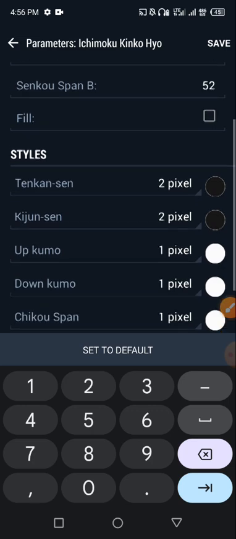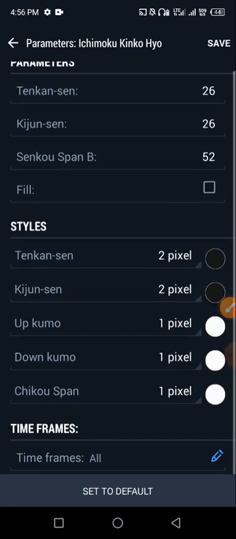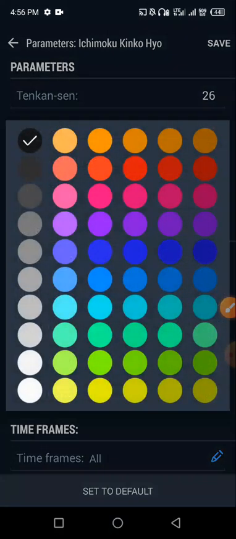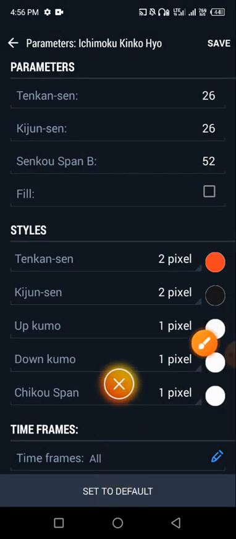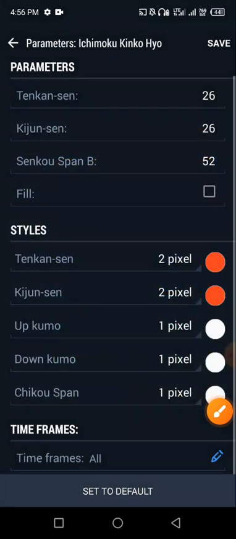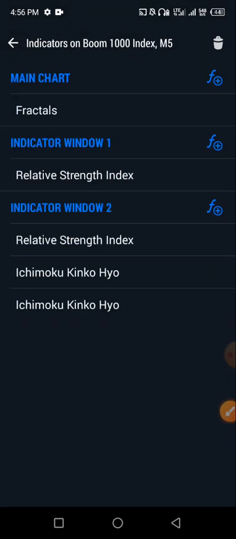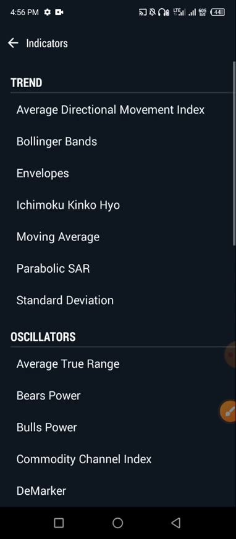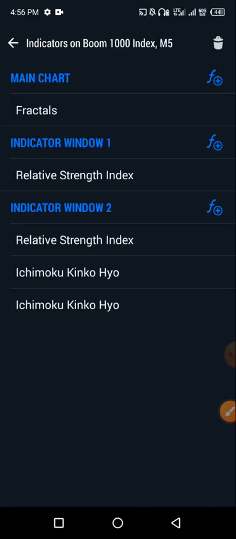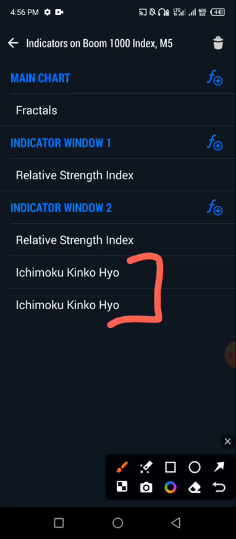Then you can set the color to red or any color that you can remember, and then click on save. And then the last indicator, once you're adding both indicators, you want to click here to add it inside this RSI indicator here.